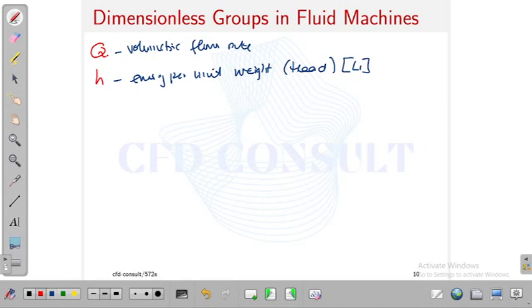Another dimension that we deal with frequently is the dimension of the turbo machine, and this is usually the characteristic dimension, usually the size of the rotor. So typically it will be the diameter of the turbo machine. Another parameter that we deal with is the power that is either produced or consumed by the turbo machine.